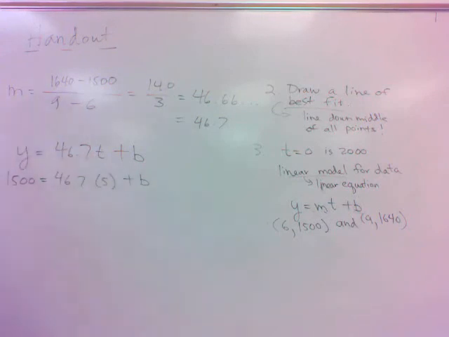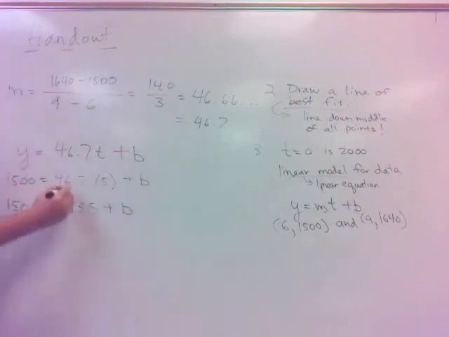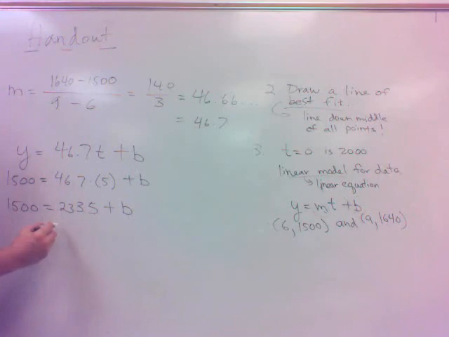And that should find out for me the b. Is it 233.5? Did I do that right? 46.7 times 5? 233.5? Does that sound all right? Somebody check me on that, so I don't get it wrong.